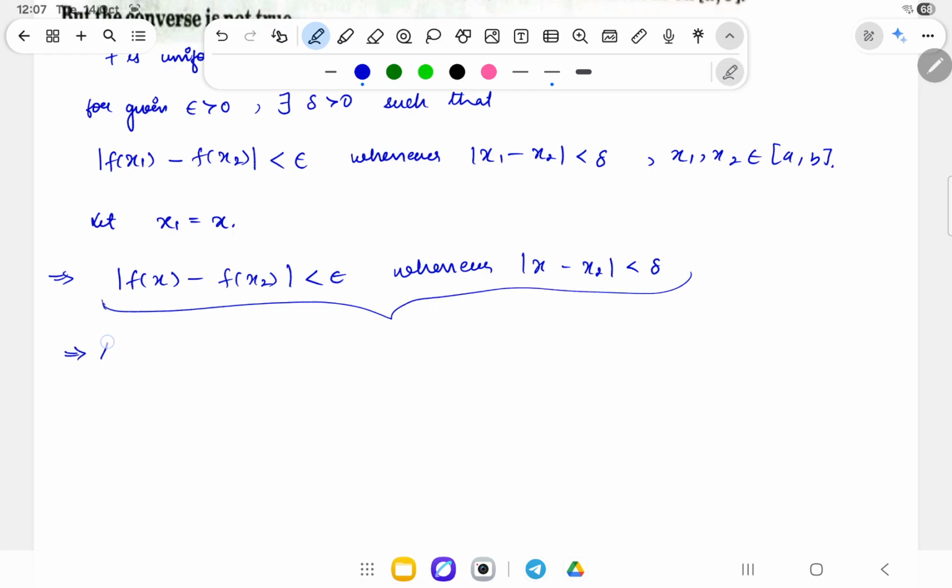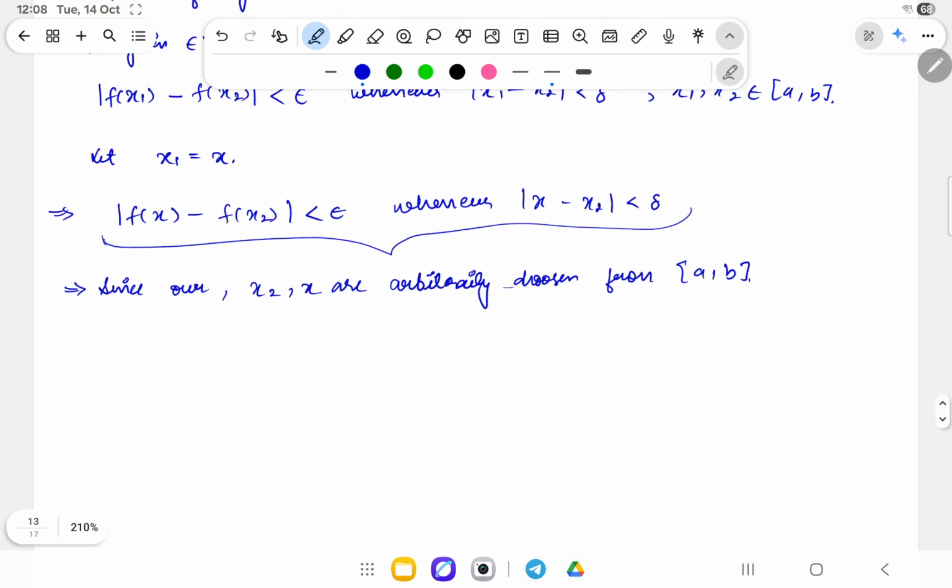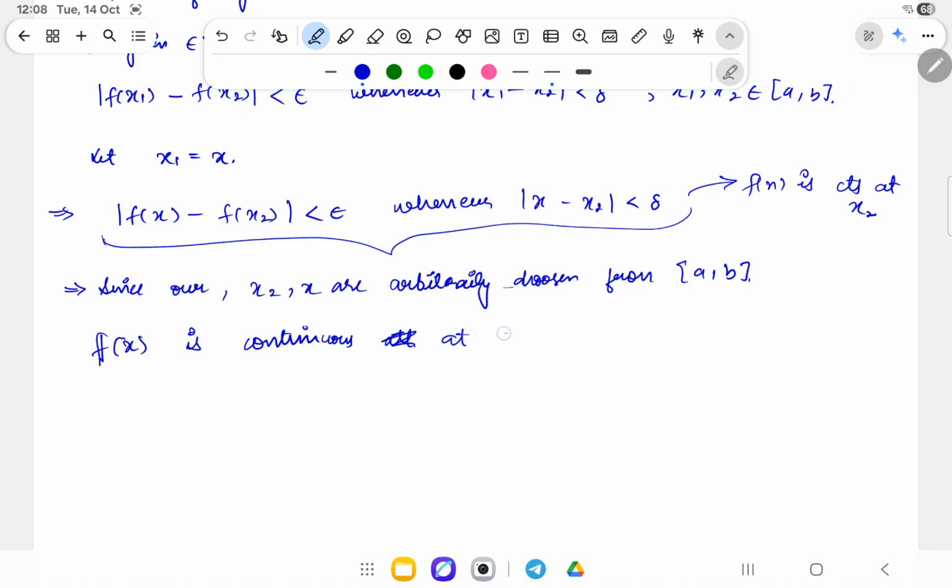So since our x2 and x are arbitrarily chosen from the interval a to b, this basically gives that f(x) is continuous at x2, and since we have chosen x and x2 arbitrarily, this shows that f(x) is continuous at all points in the interval (a, b).